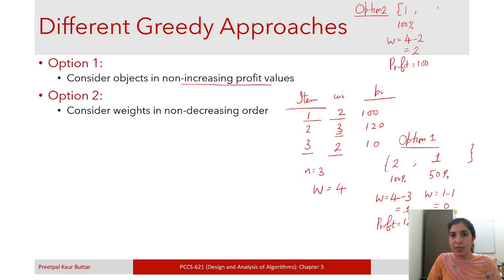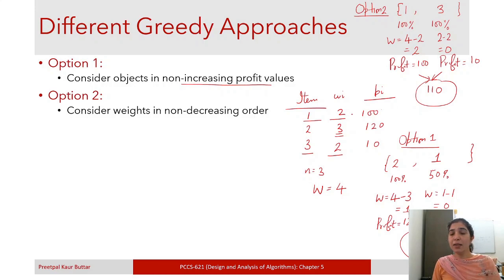We will obviously pick item number 3 next, and here also we can pick 100% because its weight is 2 only. So 2 minus 2, now we are left with 0, and the profit from item 3 is 10. These are the 2 items picked, and the total profit is 110. Comparing option 1 and option 2, option 1 was giving us more profit than option 2.